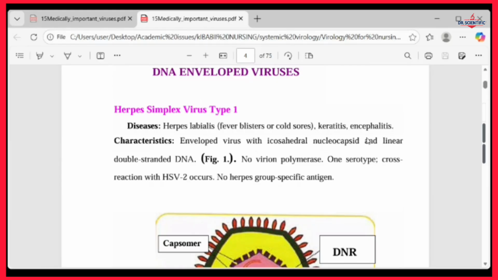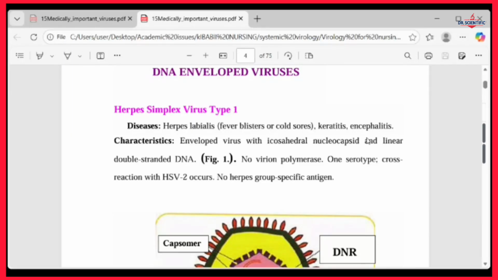This normally causes a disease we call herpes labialis, fever blisters or cold sores, especially on the lips. It also causes keratitis. After these lesions have dried up, we have what we call scaling, and more so it affects the dead skin of the body.